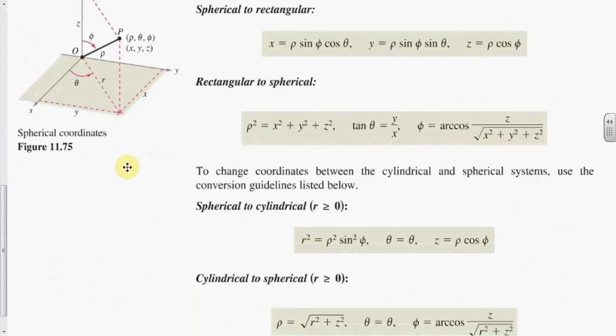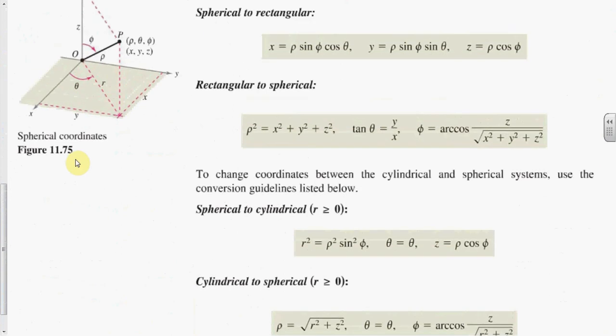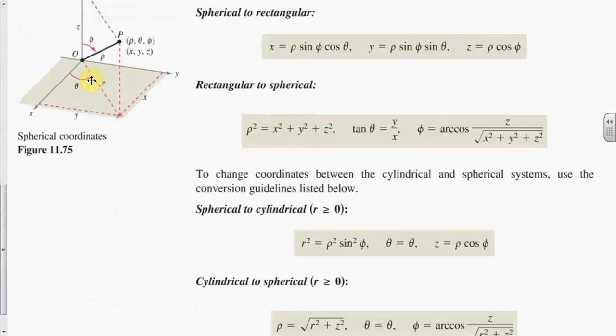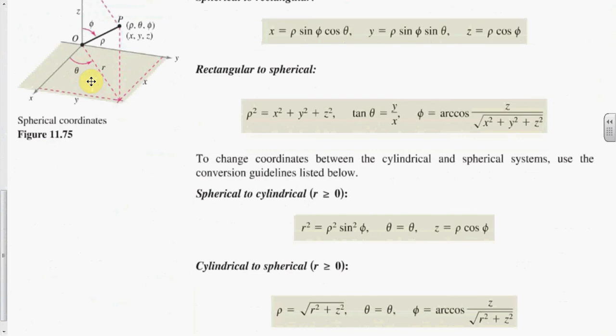Now let's see how we pick up these values for x, y, and z for the spherical coordinates. I'm going to take this graph right here and see if I can put the interpretations to it.